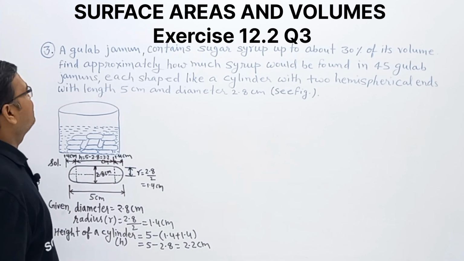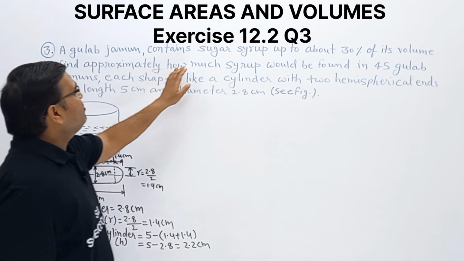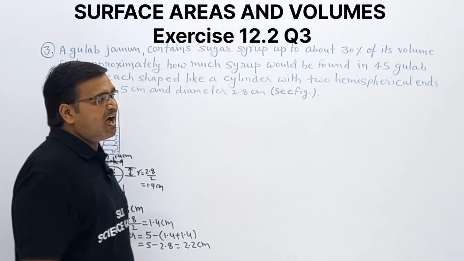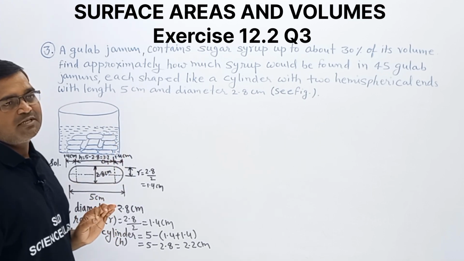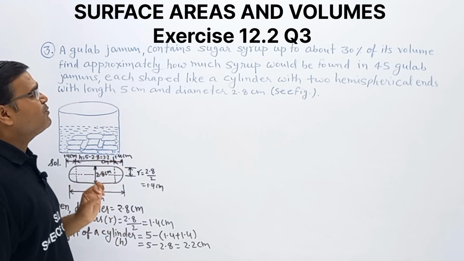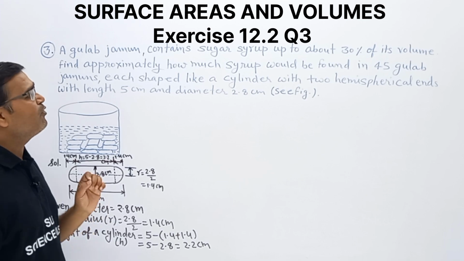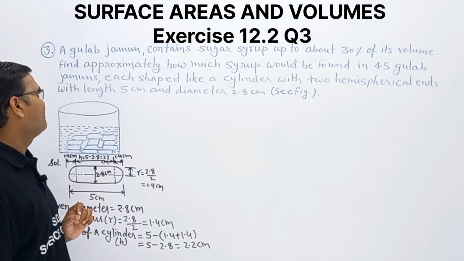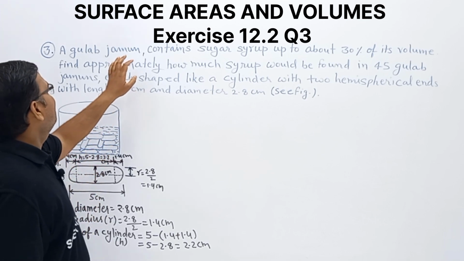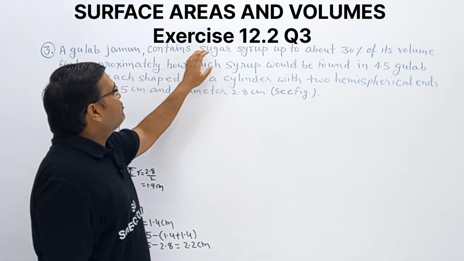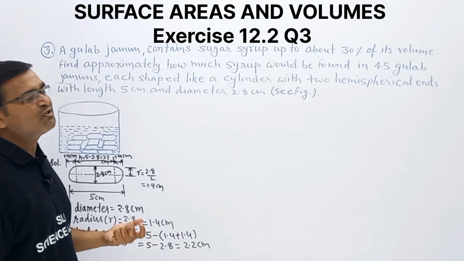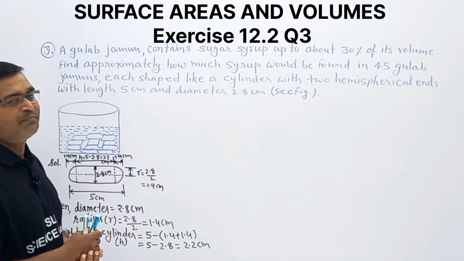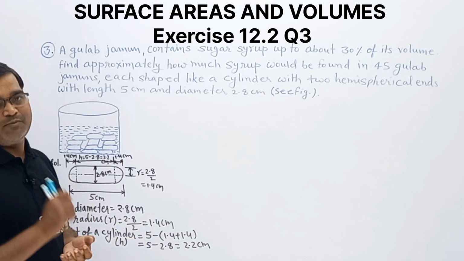So we want to find approximately how much syrup would be found in 45 gulab jamuns. We want to find the quantity of syrup in 45 gulab jamuns, and a gulab jamun contains sugar syrup up to 30% of its volume. So first we should find the volume of each gulab jamun.